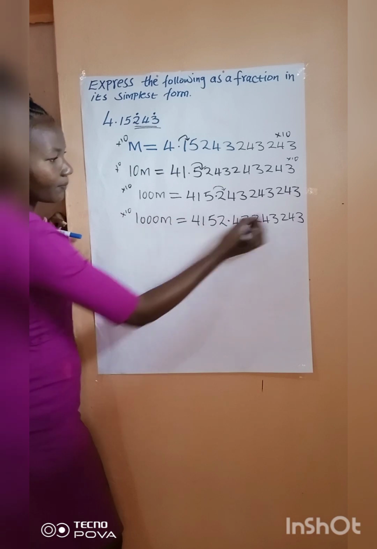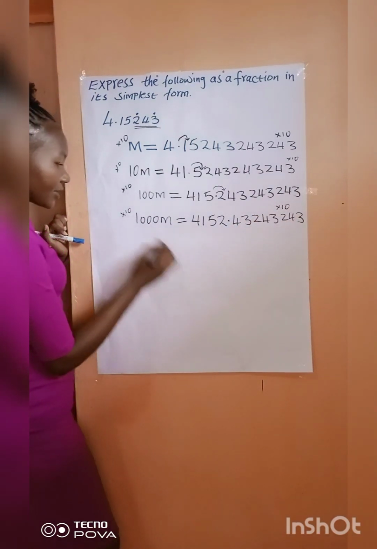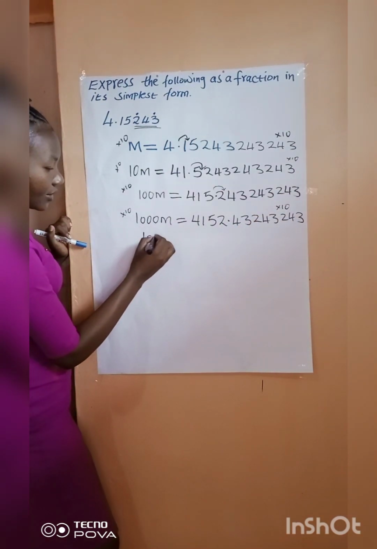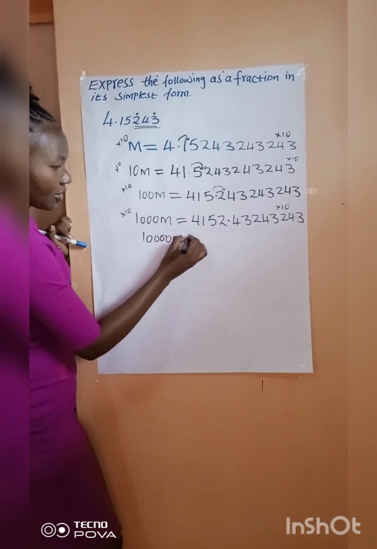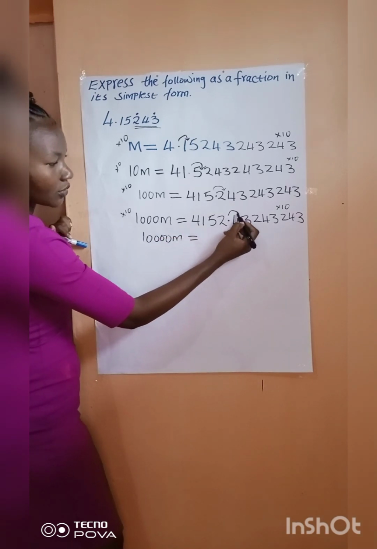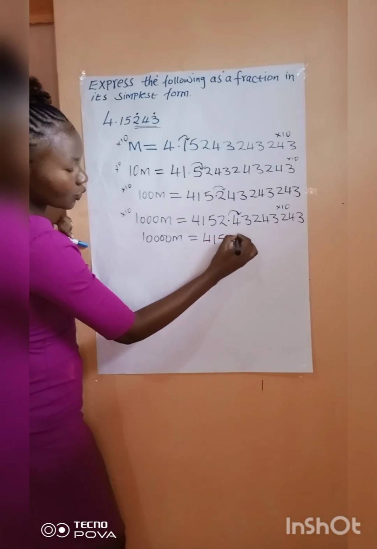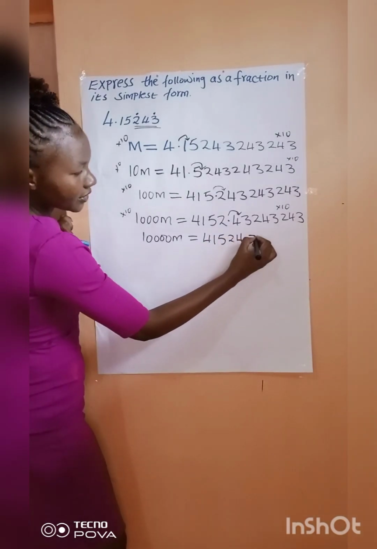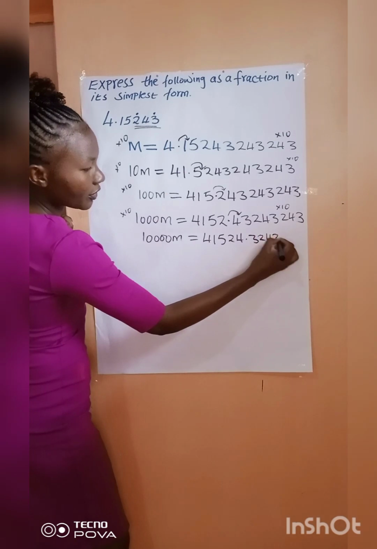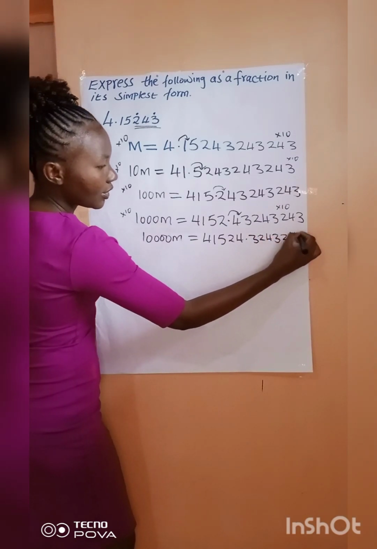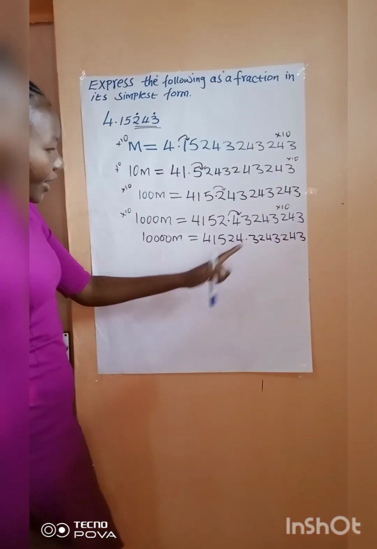So that means I multiply by 10 again. So times 10. This side times 10. This one becomes 10,000m, which is equivalent to, this one will move here. This is 41,524.324324. Again, I compare after the decimals.